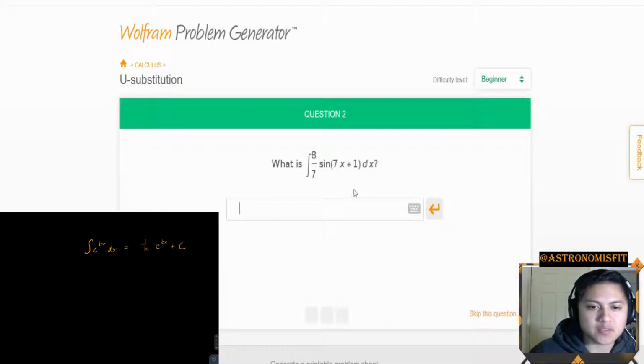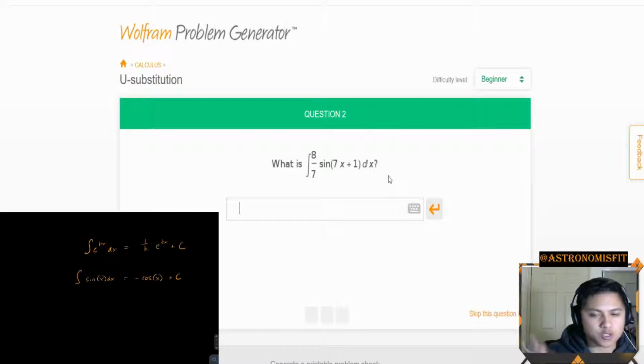So we have 8/7 sin(7x plus 1) dx. If we think about this, the integral of a sine function is a negative cosine function. And we have an 8 over 7. We're just going to push that outside. We're not even going to think about it.